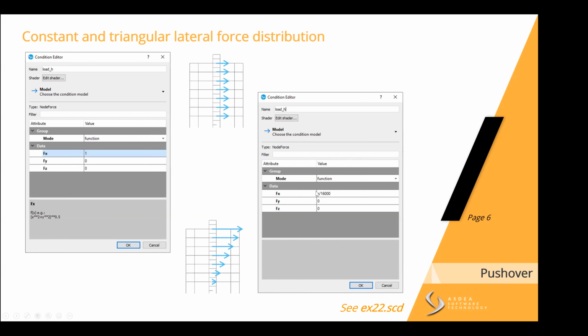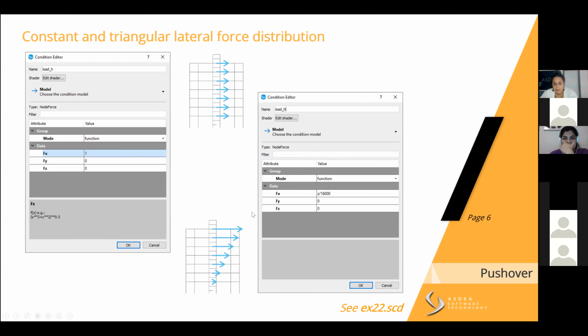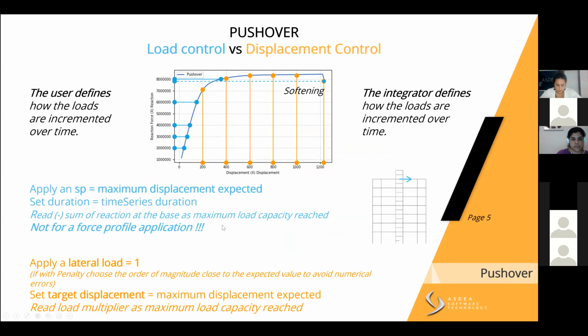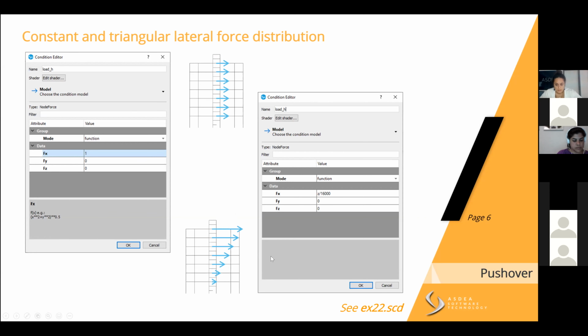So this is just, in the end, going to be proportional to the zeta height of the structure. And then if you want to go forward, there are 2 specific types that are mostly used in literature, which are the modal and the mass proportional load pattern distribution.